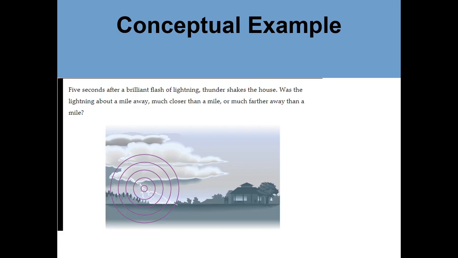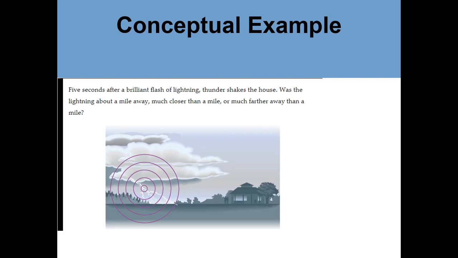Let's take a look here. It says 5 seconds after a brilliant flash of lightning, thunder shakes the house. So you see lightning and then you hear thunder. Why? Lightning is light. It travels at the speed of light, so you see it pretty much instantaneously. Thunder is sound, which travels at the speed of sound.